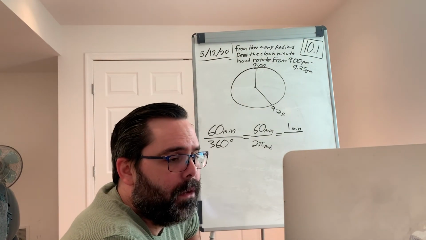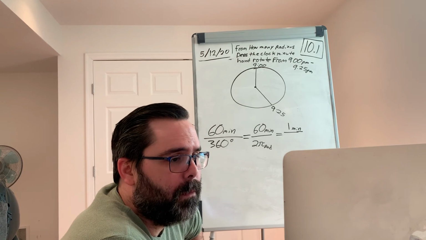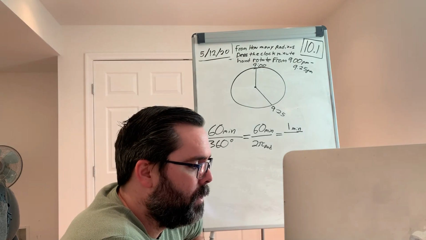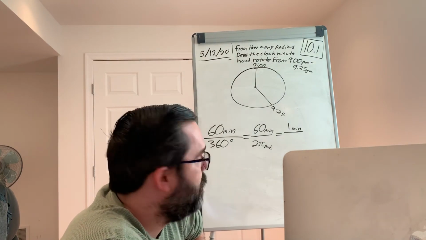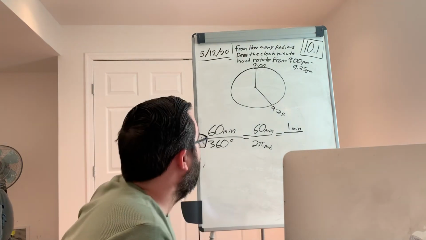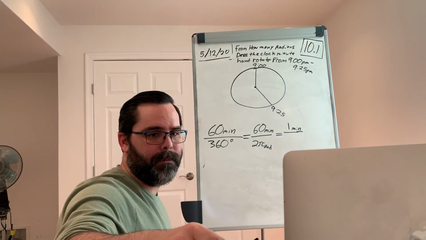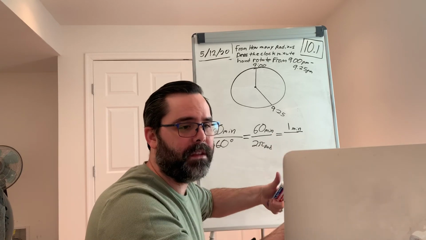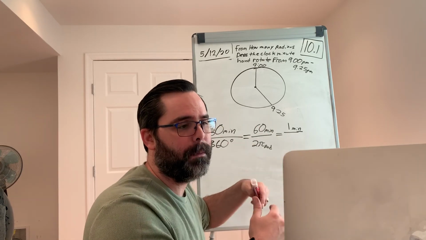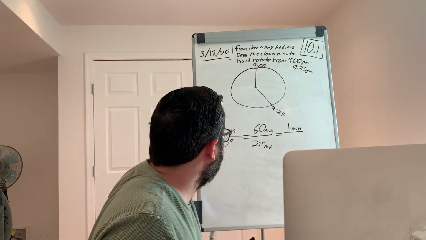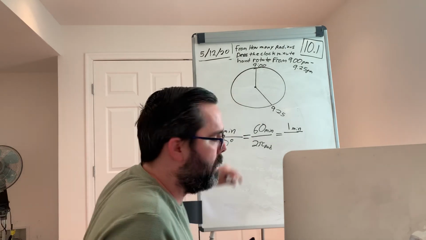Well, I need to make the numerator 1, which means I basically need to divide by 60 on the denominator, right? So here's what I did. Now, if this is confusing, flip everything upside down. Put the big number on top. That's fine. You could make 360 up there or 2 pi up there. It doesn't matter.